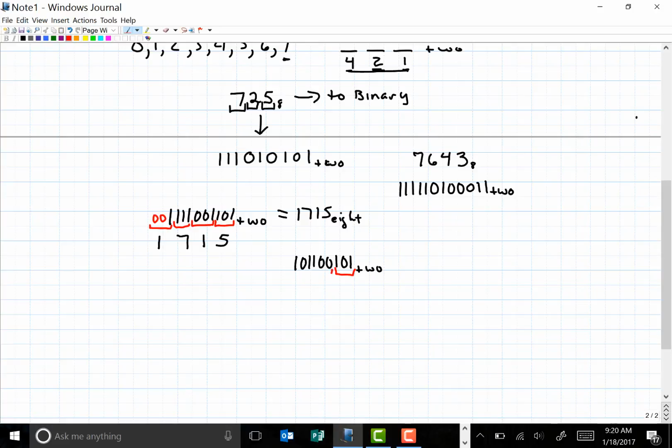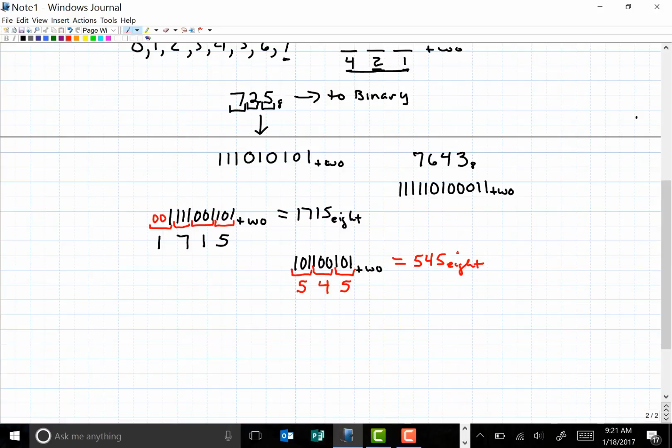This group of 3, this group of 3, and this group of 3. And then I'm going to convert each group. So this is a 4 and a 1, so this is 5. I have a 4, no 2's and no 1's, so this is 4. And then here I have a 4, no 2's and a 1, so 4 and 1 is 5. So this number is 545 in base 8.